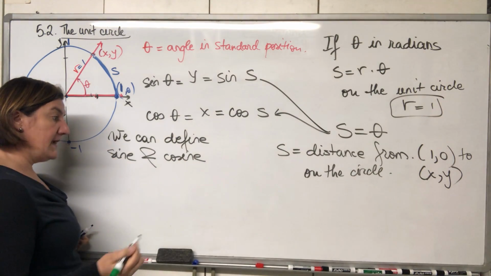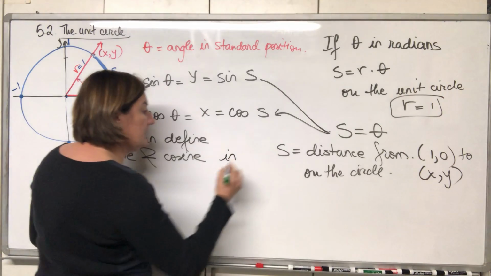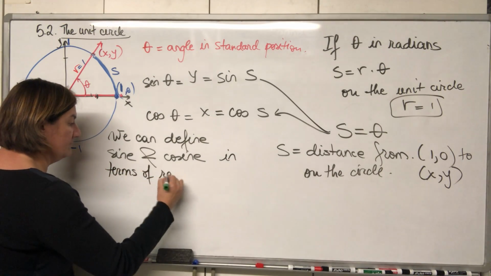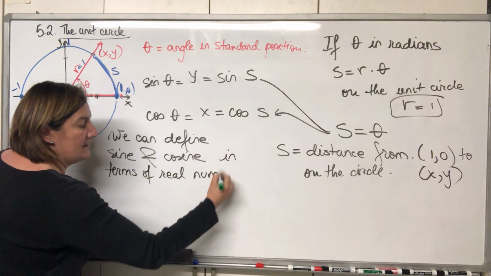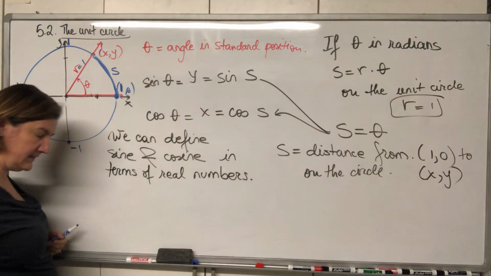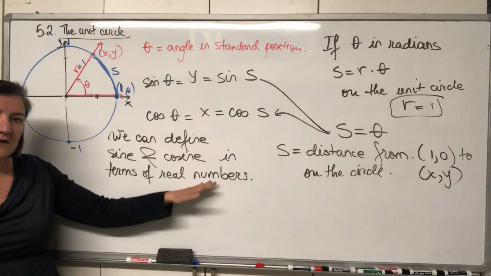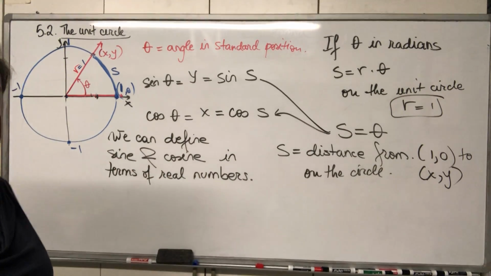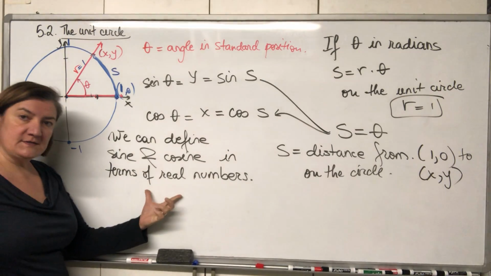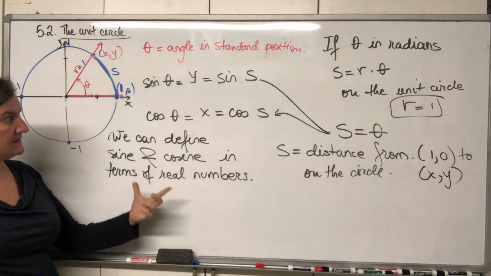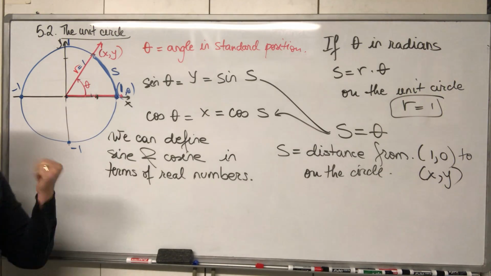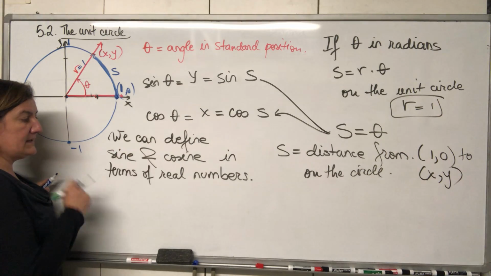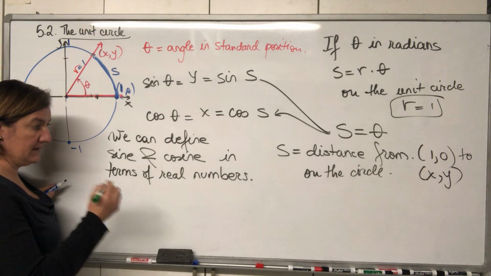So we can define sine and cosine in terms of real numbers. In other words, we can make them functions. This is why this is the most important definition of the three that I presented for you, because we can define sine and cosine in terms of real numbers.